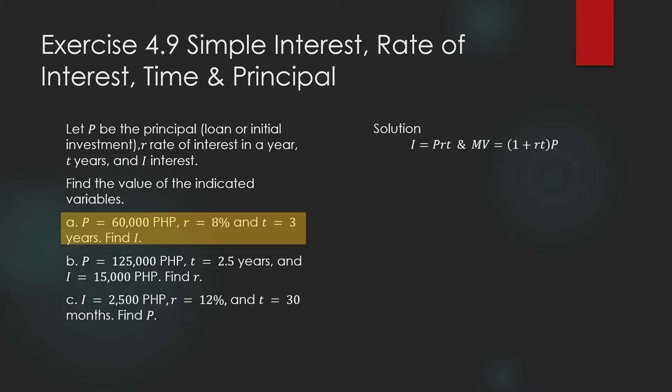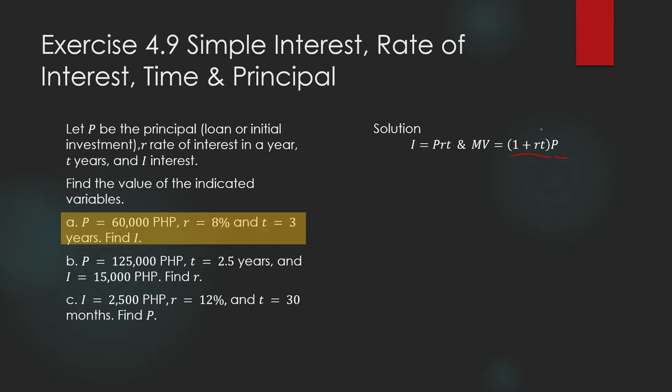So these are the equations to remember when we are working with simple interest. The interest is equal to the principal times R, which is the rate of interest per year, times the number of years, T. We must also remember this: the maturity value of a loan, or the ending value of an investment, is equal to the quantity 1 plus R times T, times the principal.